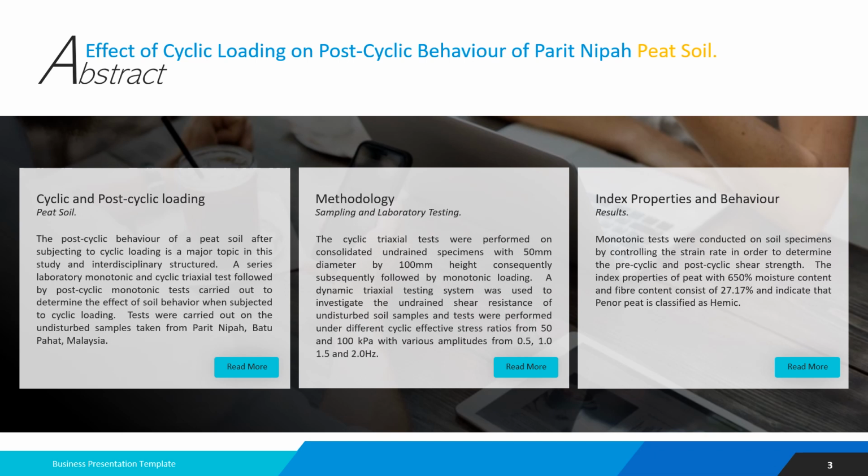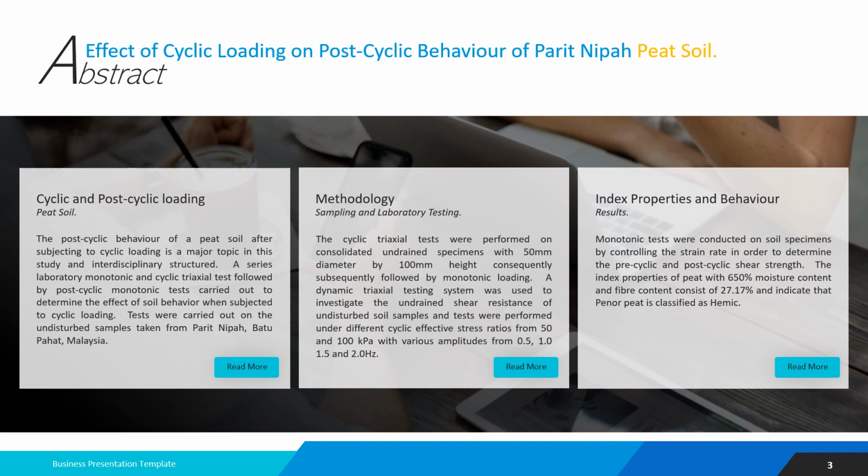The post-cyclic behavior of a peat soil after subjecting to cyclic loading is a major topic in the study. A series of laboratory monotonic and cyclic triaxial tests followed by post-cyclic monotonic tests were carried out to determine the effect on soil behavior when subjected to cyclic loading.